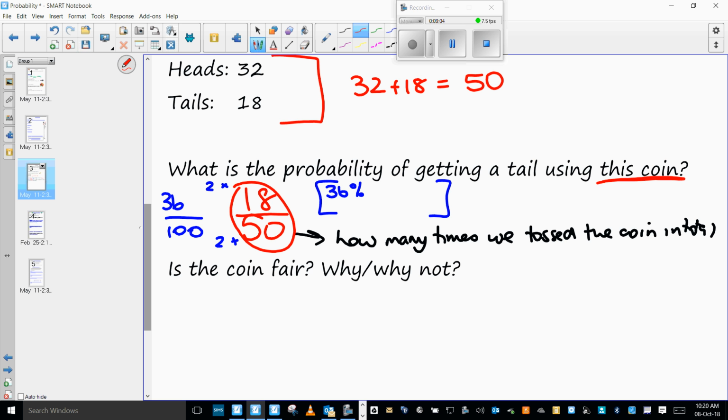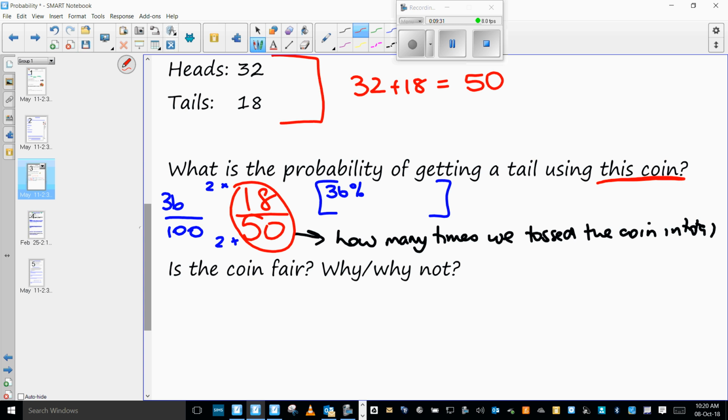What would we expect our probability to be? What would we expect it to have been, Sarah? Like 50-50 chance. Yes. Because if you just clear out everything, you would just guess that it's 50-50 chance because there's 2 sides, 1 head and 1 tail. So we would expect it to be 1/2.